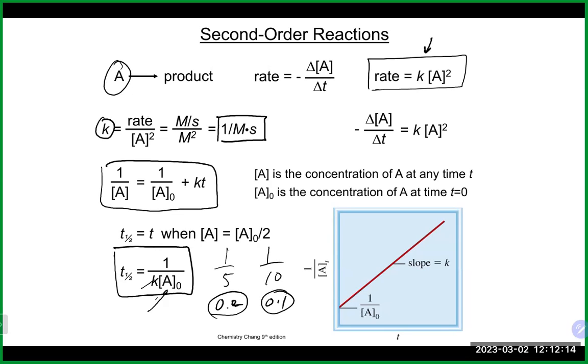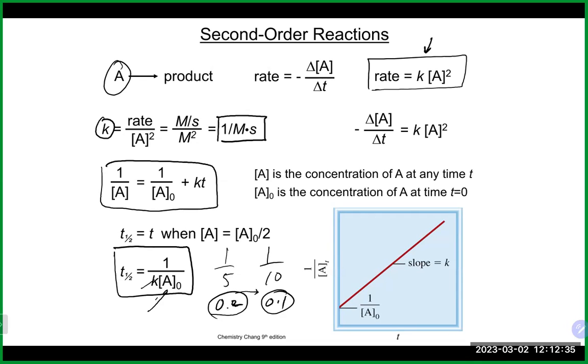The one at 0.1 is obviously the faster one. So as the concentration increases, so does the half-life. In this case, the initial concentration will have an effect on the half-life.